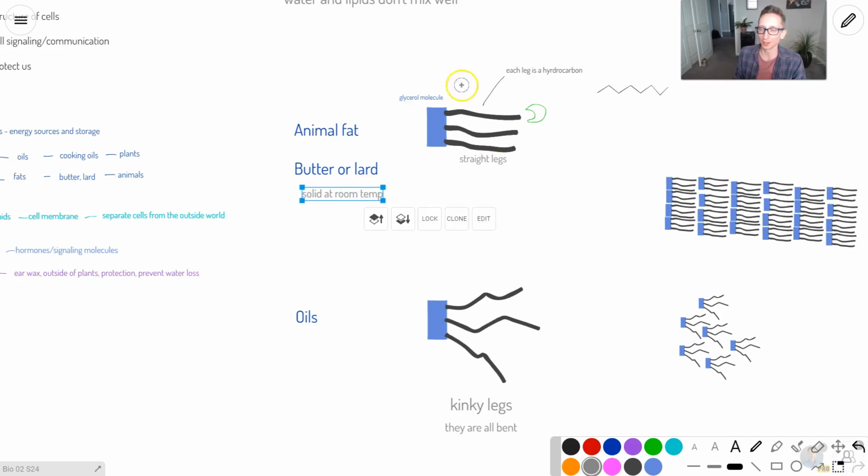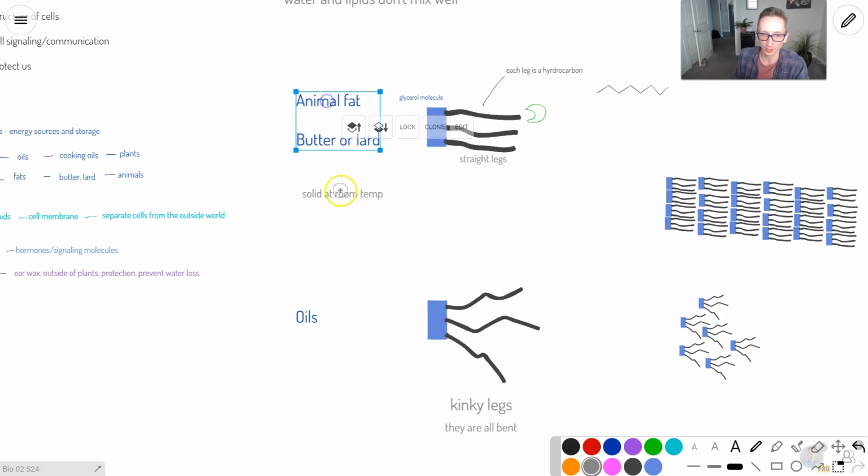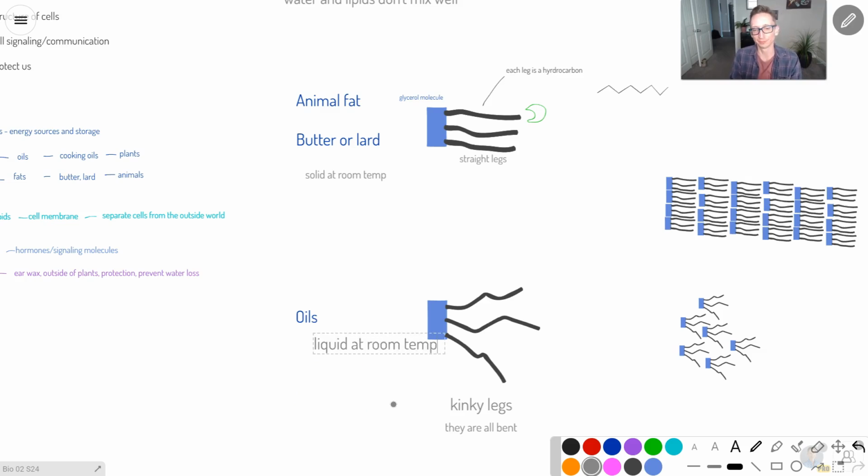It's because of this biochemical difference. The kinky versus straight legs. And animals are a little more buttoned up than plants. Plants are a little goofy, a little strange. And they got kinky legs. Oils are liquid at room temp. It's pretty cool. I still think that's pretty awesome.